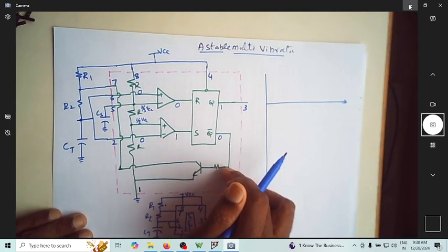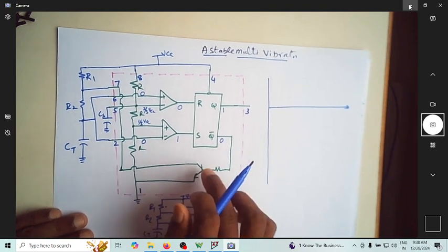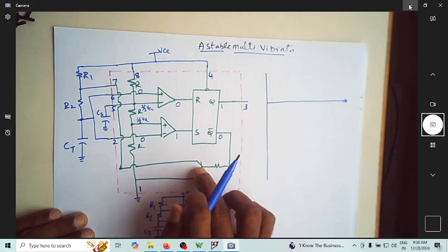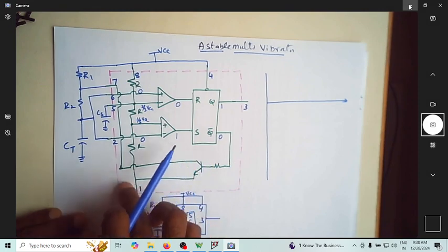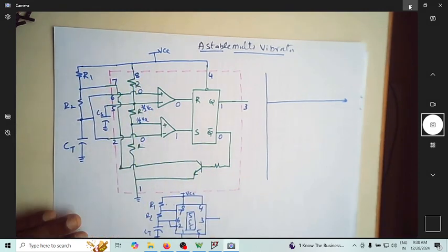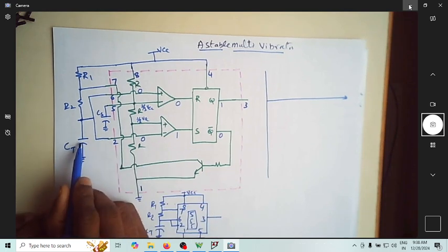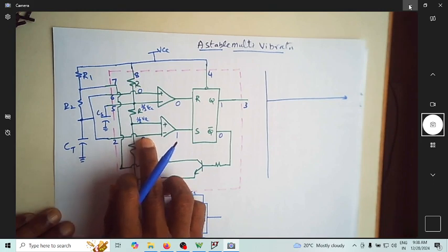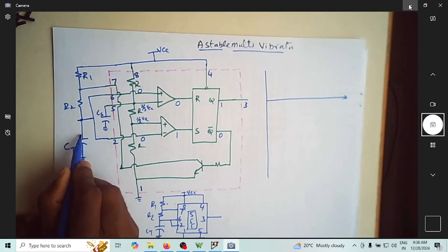When it is 0, the transistor is off, because there is no base drive. Off means you cannot discharge through this; current cannot flow through it. Let me have a switch here.